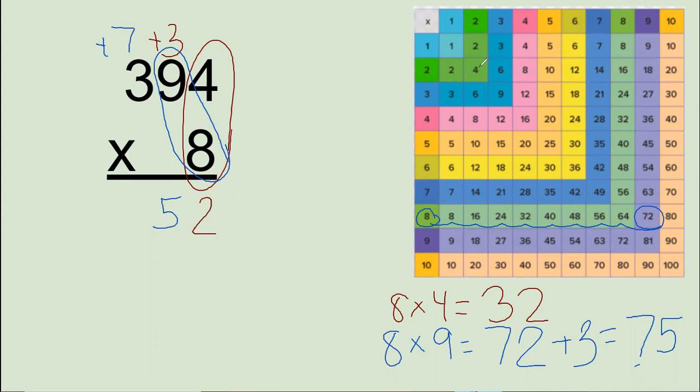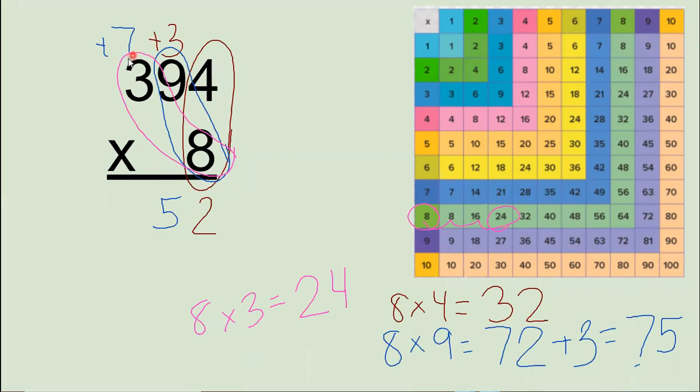The last step is to multiply my 8 times my 3. Eight times 3, 8, 2, 3. My answer is 24. I'm not done now. Remember this 7 I added up on the top?